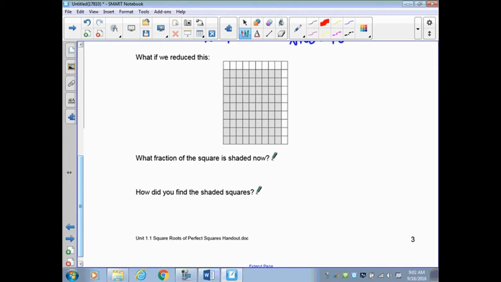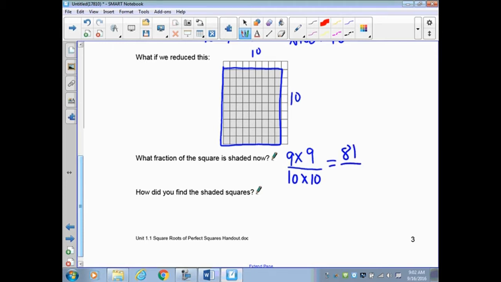So what fraction of the square is shaded now? Well, this here is a square, and to find the area of that would be 9 times 9. The area of the large square we still know to be 10 times 10. So this fraction, which is shaded, is 81 out of 100.